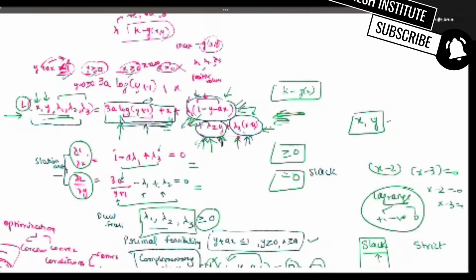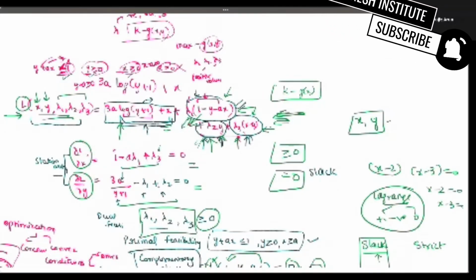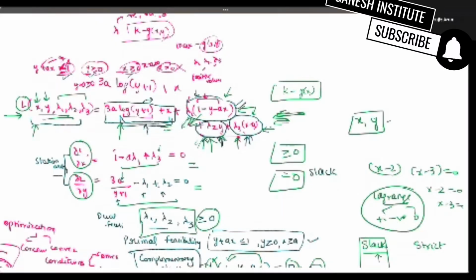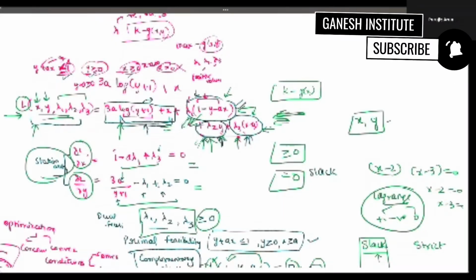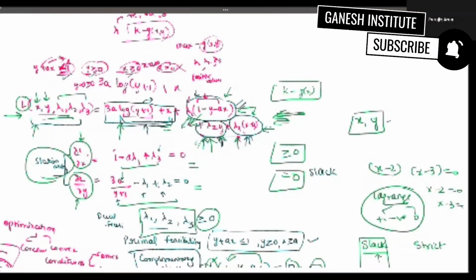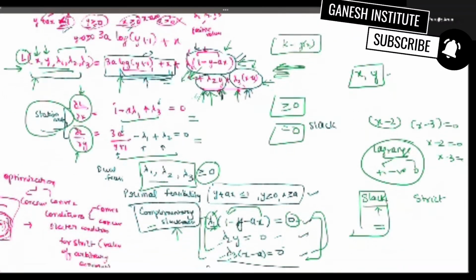First of all, the question has only asked me what is the condition for KKT if you want to apply KKT. So firstly, you'll write this as the function. Then the first condition is stationarity, wherein you write that the derivative of the function with respect to x and y has to be 0.